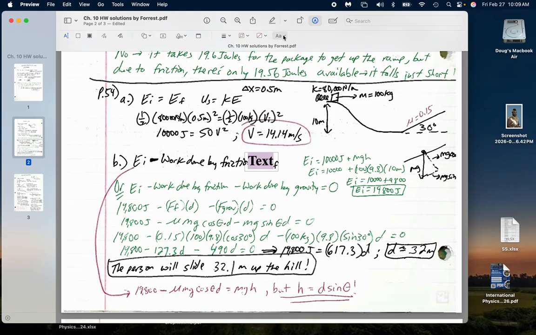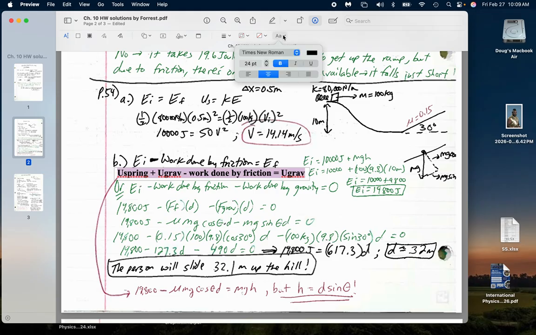I'm going to shrink this down. We could have said, I'll do that down here: U spring plus U grav minus work done by friction equals U grav.